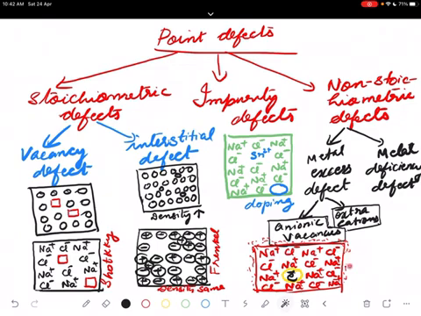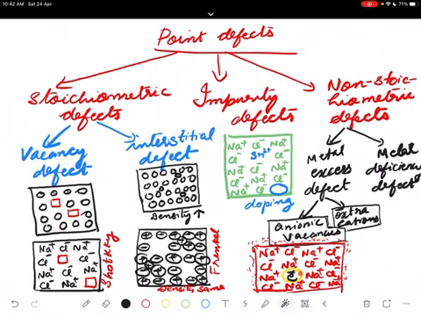You must have seen a sodium vapor lamp. In the sodium vapor lamp, electricity is passed and it is heated in presence of sodium vapor, so we call it a sodium vapor lamp. When it is heated in presence of sodium vapor, some of the sodium atoms are deposited on the surface. Cl minus from the interior diffuses to the surface and combines with Na plus there, and the electron generated here diffuses to this anionic site.